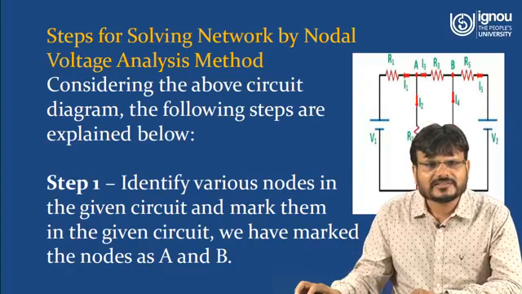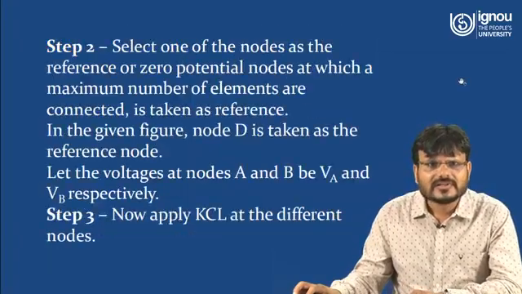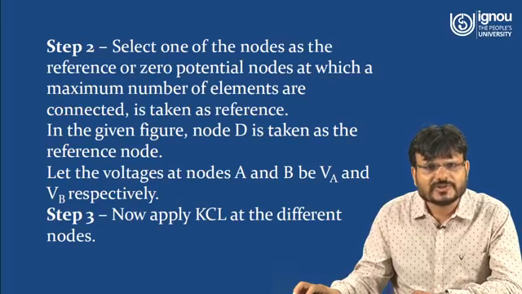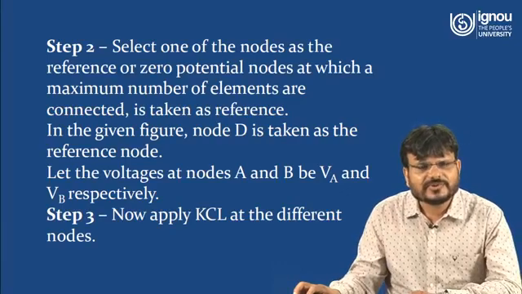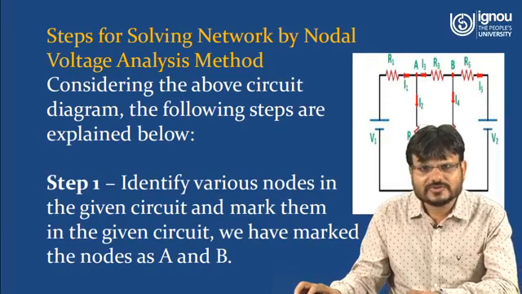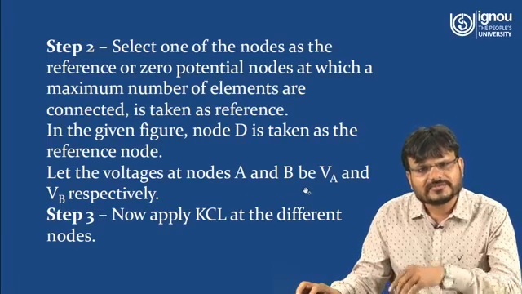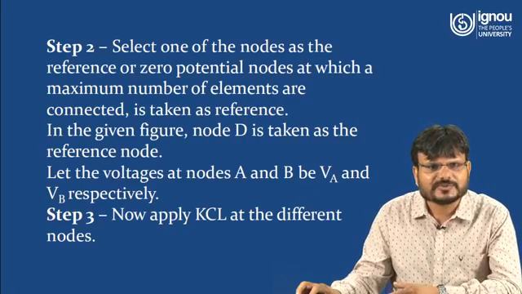So we have marked in this particular circuit these two nodes as node A and B. Step 2 is to select one of the nodes as the reference or zero potential node. The node at which the maximum number of elements are connected is taken as the reference node. In this given figure, node D is taken as the reference node. Let the voltage at nodes A and B be denoted as V suffix A and V suffix B respectively.